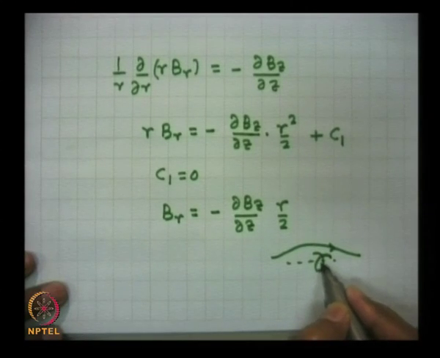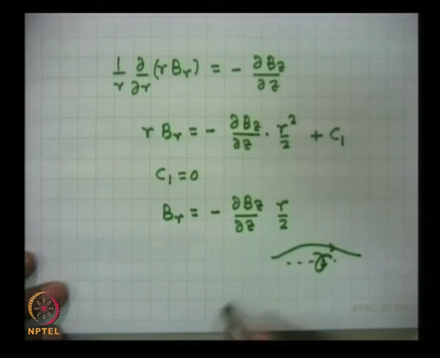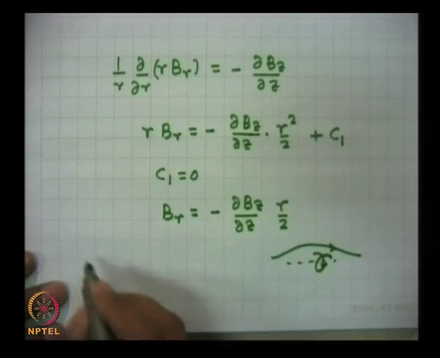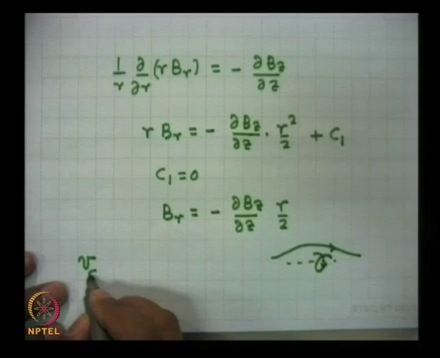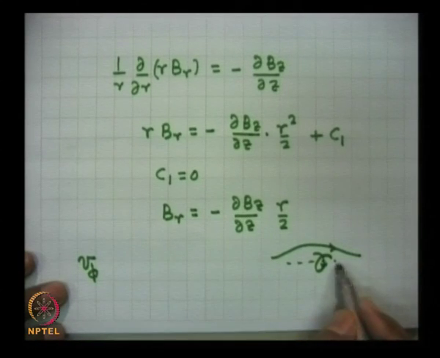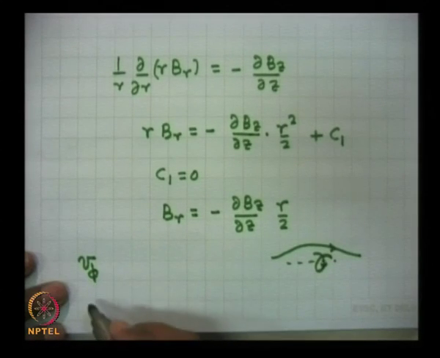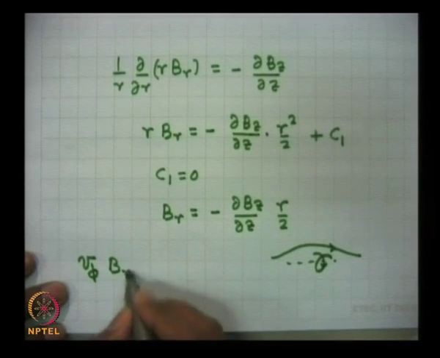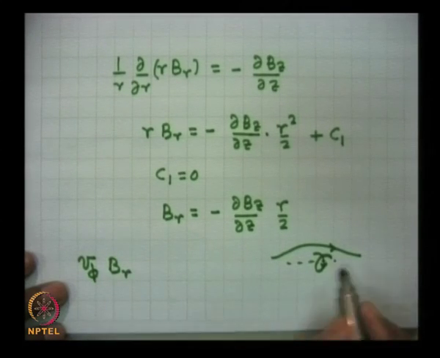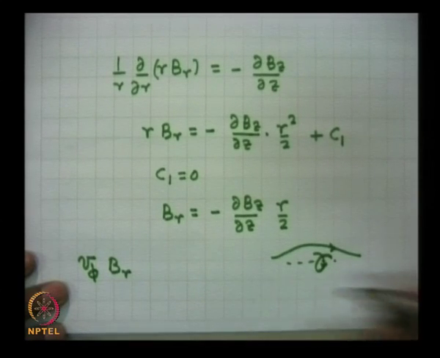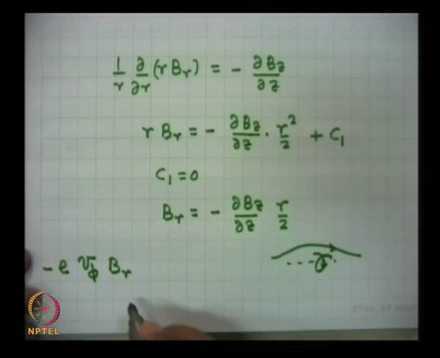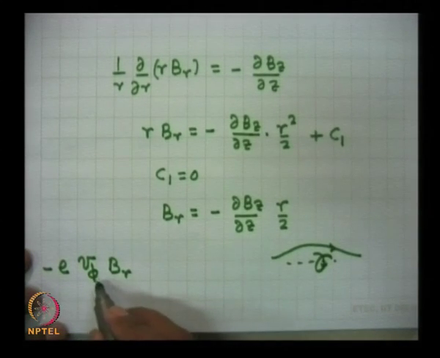when the electron moves around any line of force, and at that point there is a radial component of magnetic field, so if the electron has a phi velocity, if it is rotating about the line of force with some velocity say v phi, and there is a magnetic field Br, then the V cross B force on this electron would be in the z direction, and if you take into account the charge also, then this force is in the minus z direction.